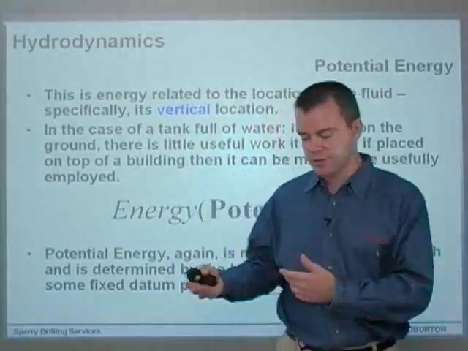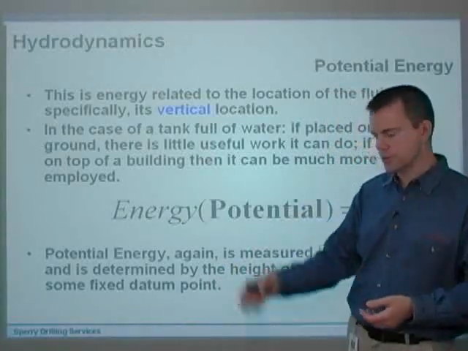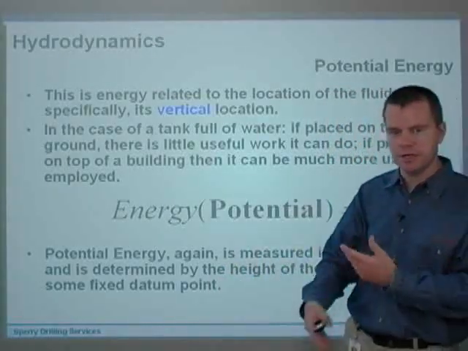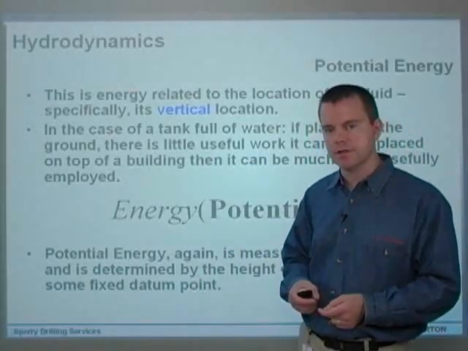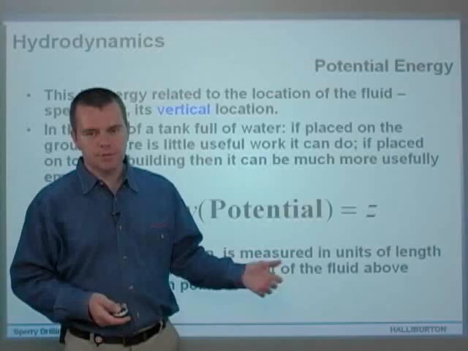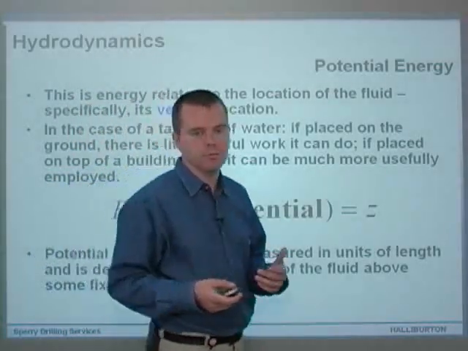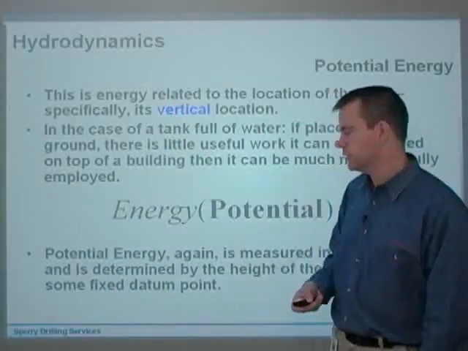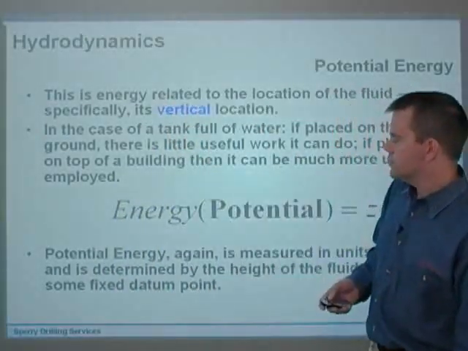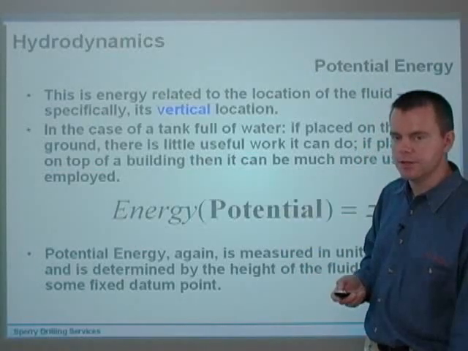There's a lot of energy that it can impart as it goes down through shower heads and taps, or faucets, in people's flats. Potential energy can be measured in units of length, determined by the height of the fluid above some fixed datum point, usually mean sea level or ground level, and it's expressed in length units again.